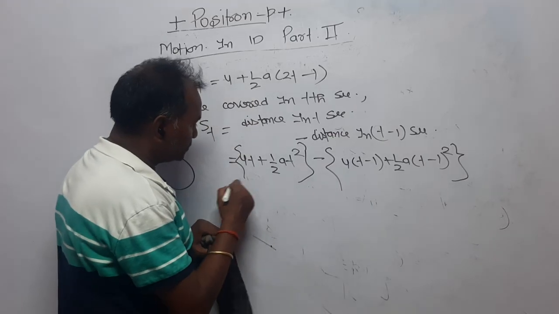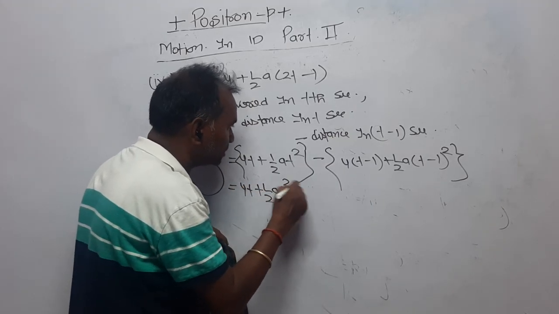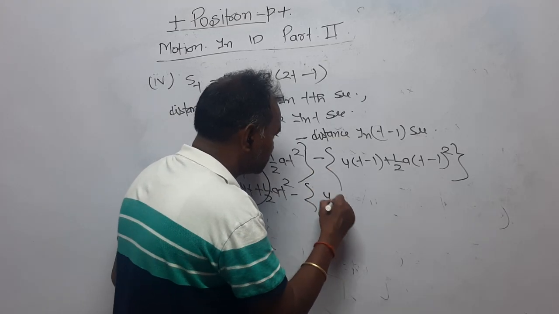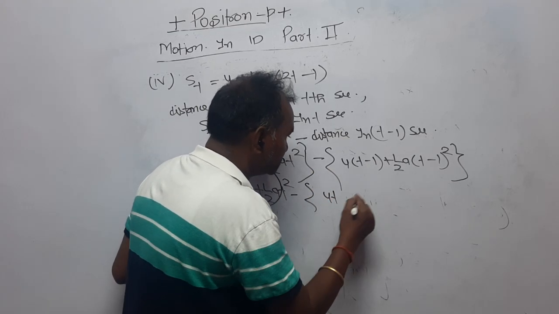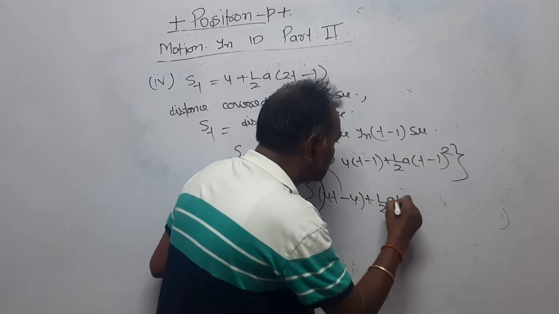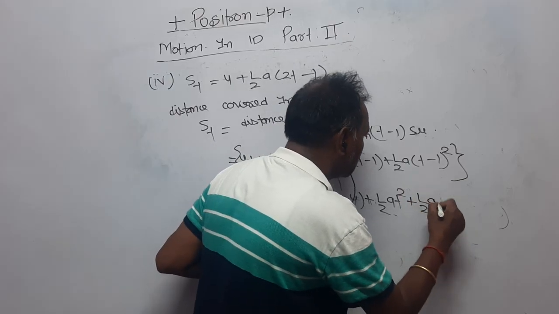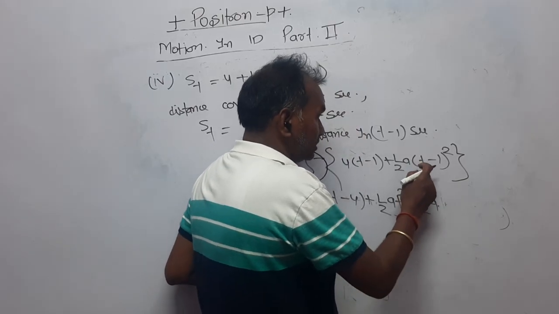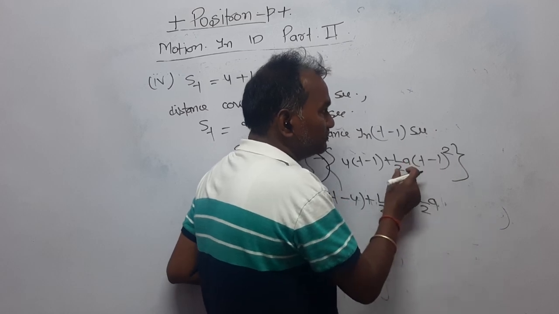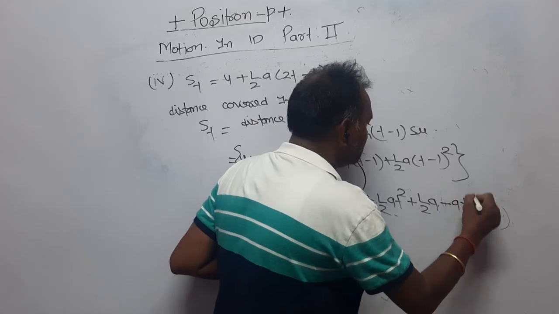Now, dear students, what do we get? ut plus half a t square minus, now opening, ut minus u plus half a into t square plus 1 minus 2t. When you multiply with that, the 2 will be cancelled and minus at will be left.